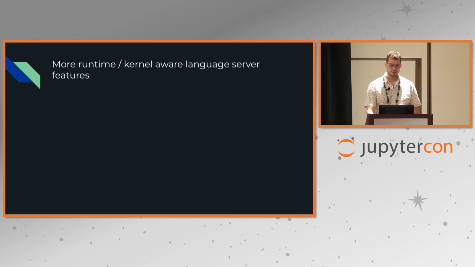So first of all, this is a call out to all of y'all as well. I think we should build more runtime/kernel-aware language server features. So try to think about what other lints or formatting could benefit from being aware of the runtime state, being aware of the memory state, being aware of the full notebook document.